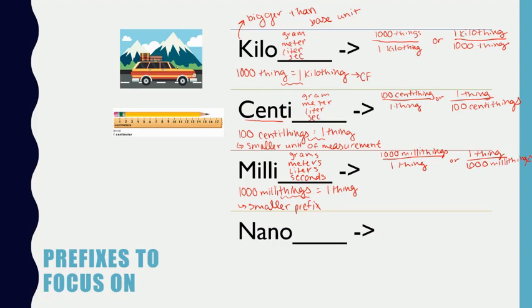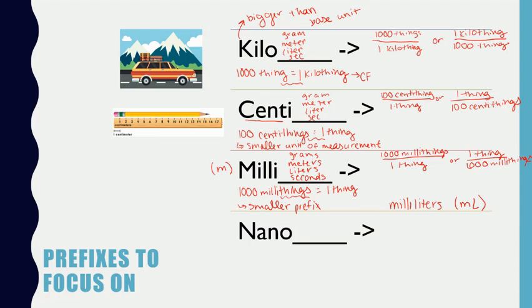Something I forgot to talk about earlier is each one of these prefixes is also going to have an abbreviation. So if we want to say like milliliters, instead of writing all that out, we can represent milli with a lowercase m.